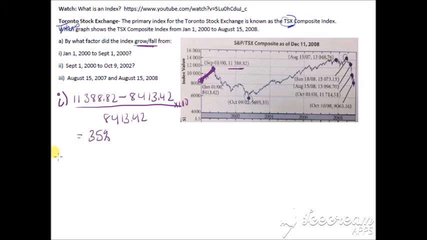Now, for number two, we go from September 1st, so the same number, 11,388, and end at August 9th, which is 56.95. Just a note, we don't do biggest minus smallest. We do later minus previous. So the later one here is 56.95.33, and we subtract 11,388.82.